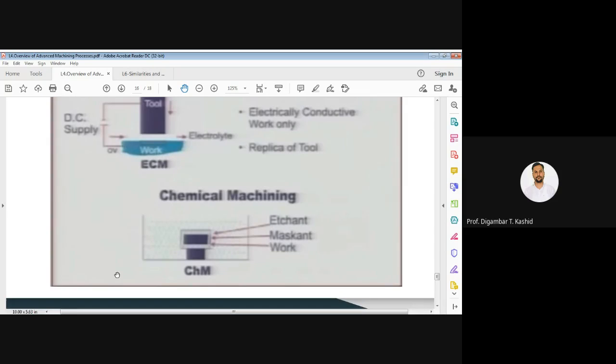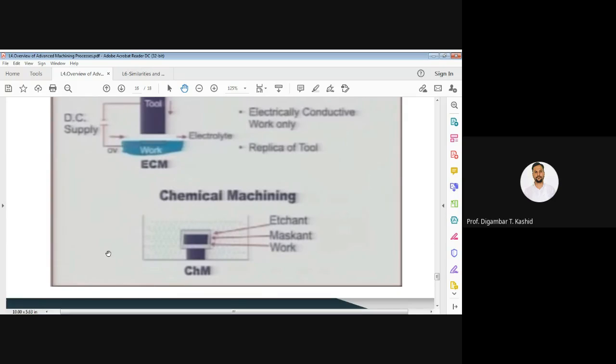And today we have seen ECM, that is electrochemical machining, and chemical machining. Now the combination of electrochemical with a grinding machine gives another process, electrochemical grinding. Only the same process is there, but instead of a tool we put a grinding wheel having an abrasive layer on its surface, and that is called electrochemical grinding.